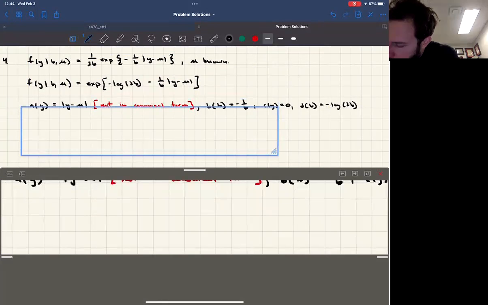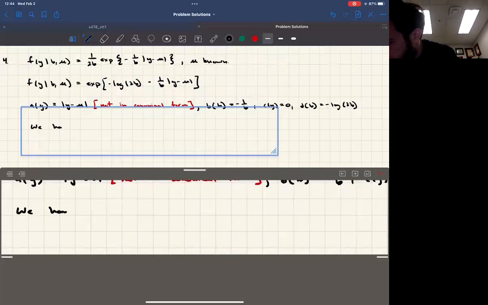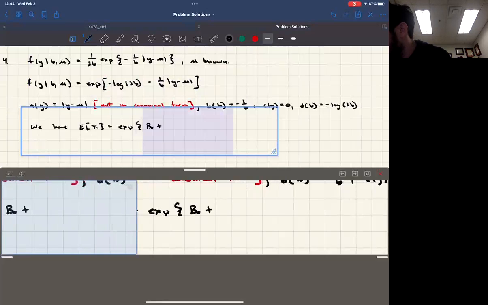So we have the expected value of yi is equal to exp of beta 0 plus beta 1 xi.